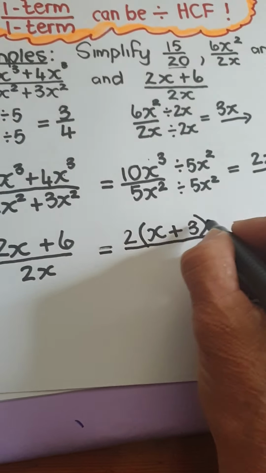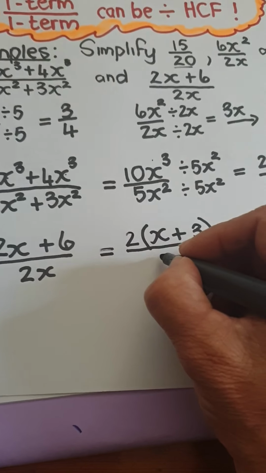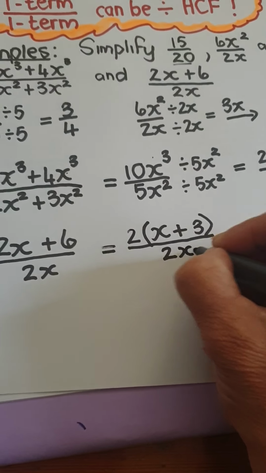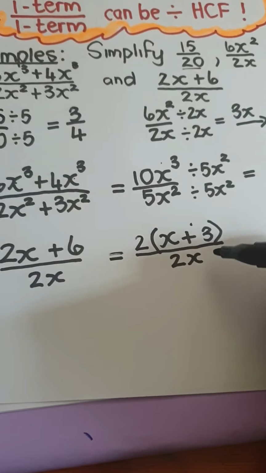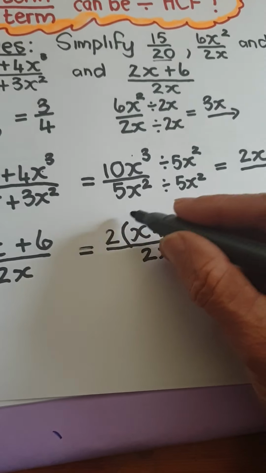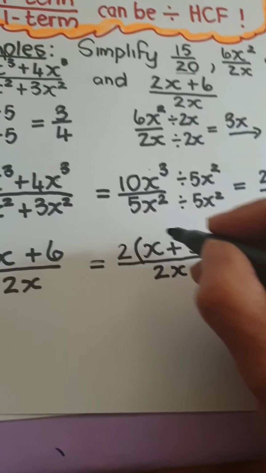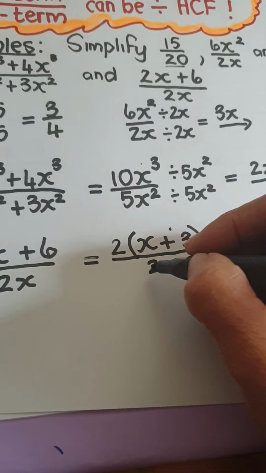Why do I want to do that? Because now I have a single term in my numerator, and I divide it by 2x. So now I have one term over one term. And to simplify this, I now just simply have to divide with the highest common factor. And in this case, the highest common factor is 2.